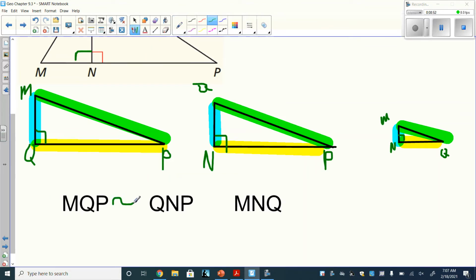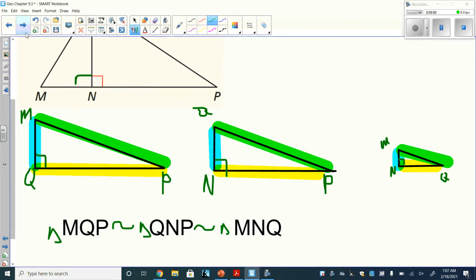Then back out. So these are going to be similar to each other. And they're all triangles. If we were writing this out, it would be triangle MQP is similar to triangle QNP is similar to triangle MNQ. And that's all we'd have to do for this here.